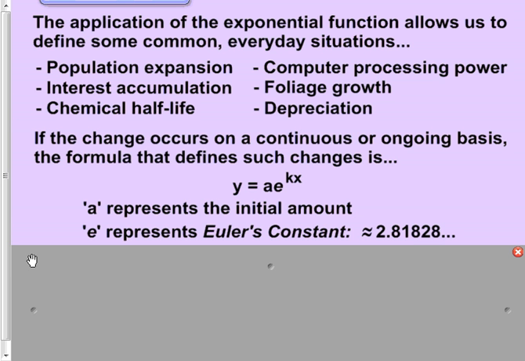Well, E represents Euler's constant, and Euler is a mathematician from back in the day, and he came up with this particular constant, and it's directly related to exponential relationships. And E is an irrational number, much like pi is, meaning it is a decimal that does not ever terminate or repeat.